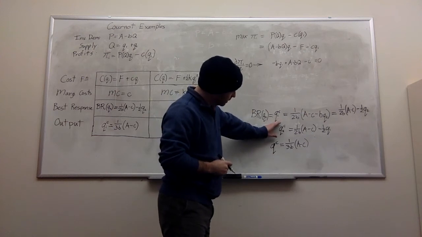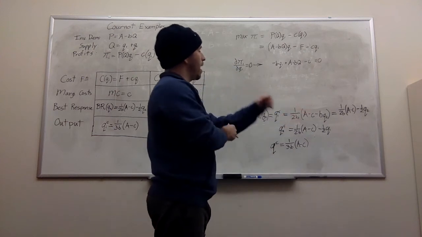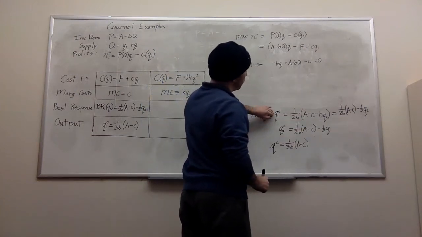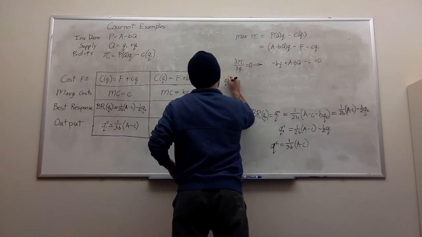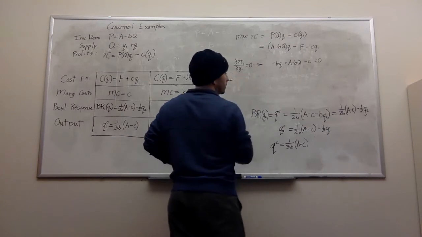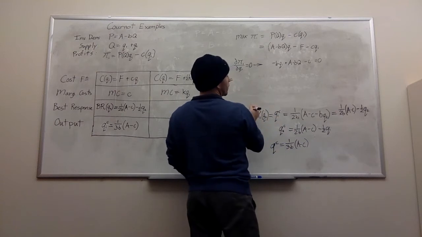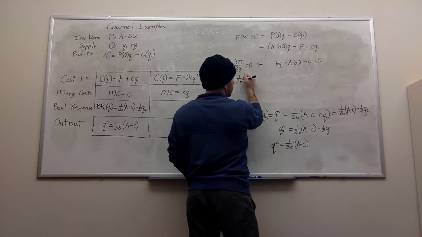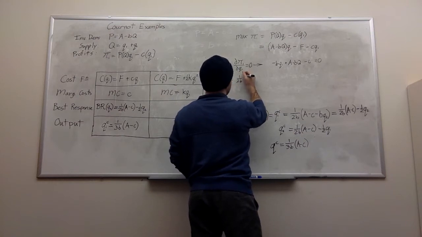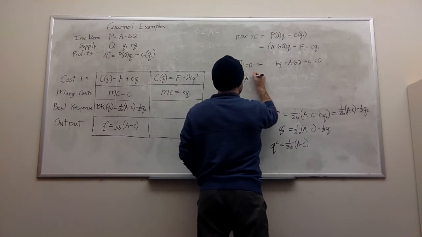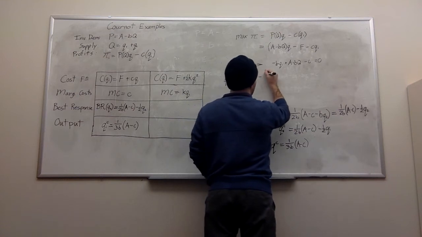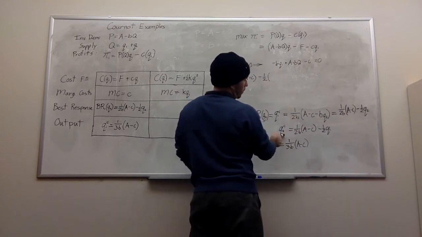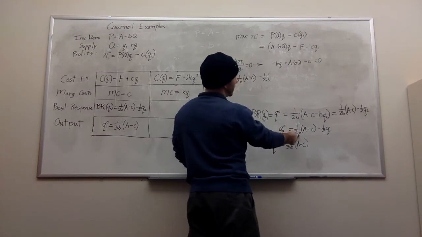So let's take this and plug it in there and solve it down. Okay, so I have Q1C is equal to 1 over 2b times A minus C minus 1/2 of Q2C, which is this.